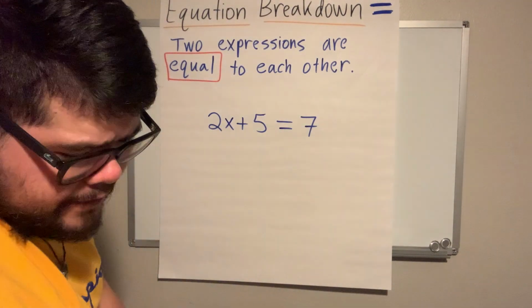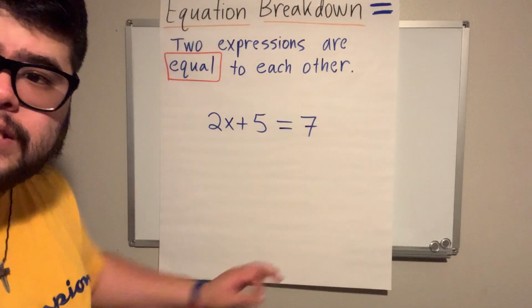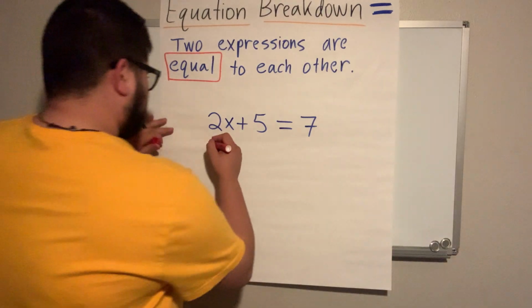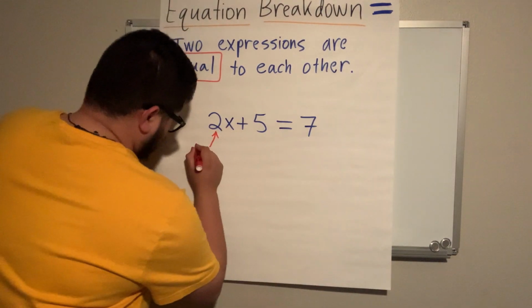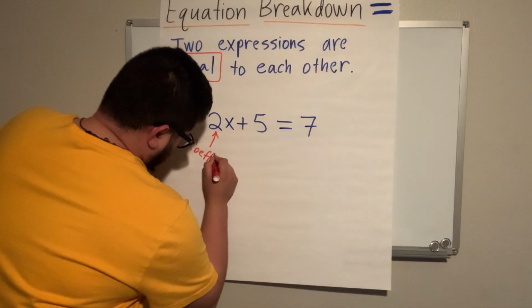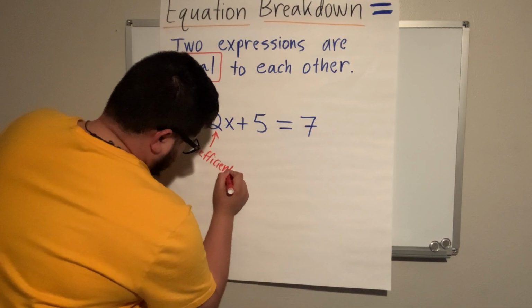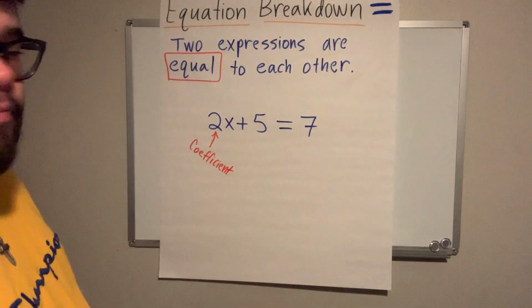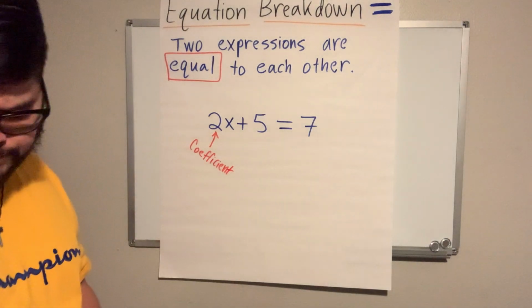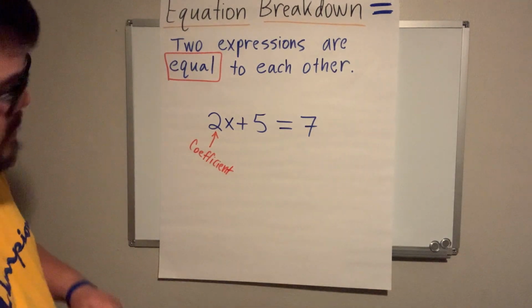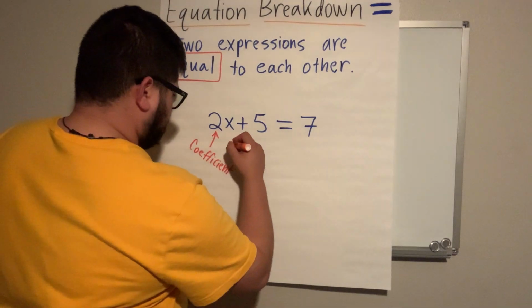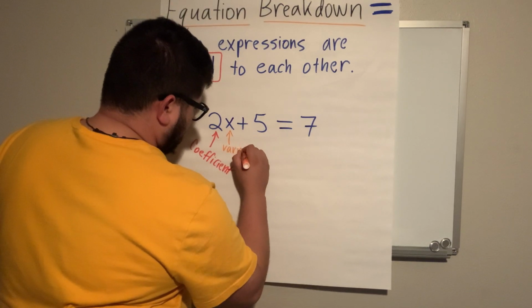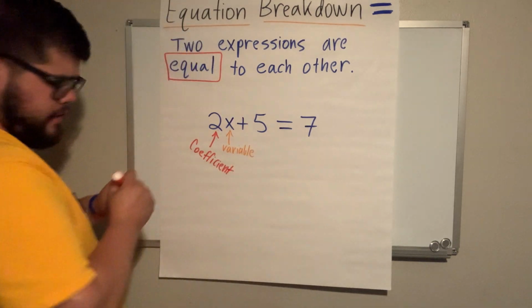All right, so we're going to go ahead and label just like we did with the expression breakdown. First one up, just like before, the number 2 is the coefficient. The next one we got, just like before, x is the variable.